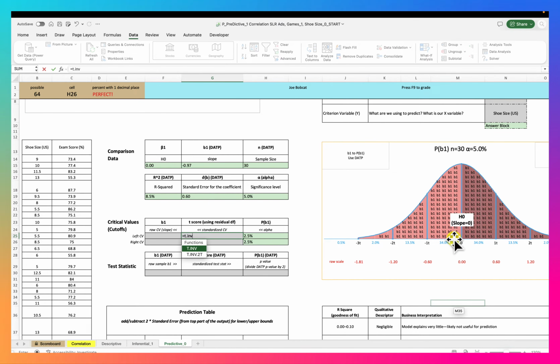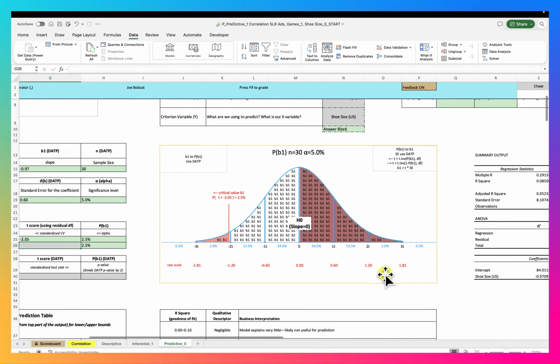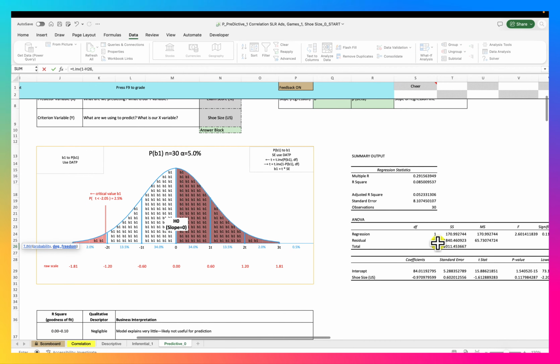So T.INV this probability, and then we'll pick up the residual degrees of freedom. Do the same thing here, except it's not this probability, it's 1 minus that probability because it's on the right side, and then the same residual degrees of freedom.